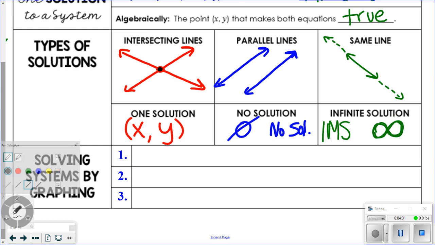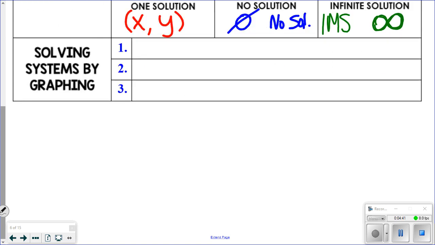There are three steps that we are going to write down in order to solve systems by graphing. So step one is to convert to slope-intercept form.